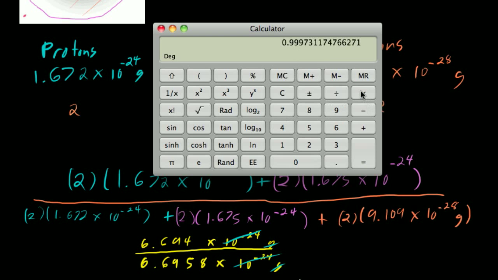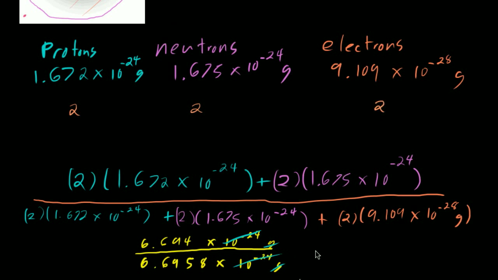And we could multiply this by 100. So this will give us the percent, and we can see that 99.97% of the mass of our atom is located in the nucleus.